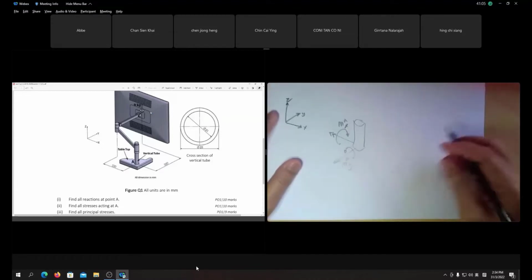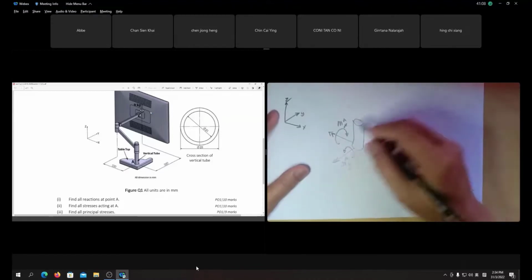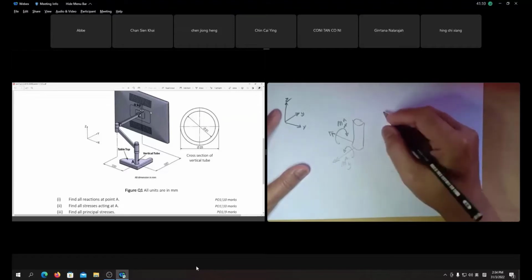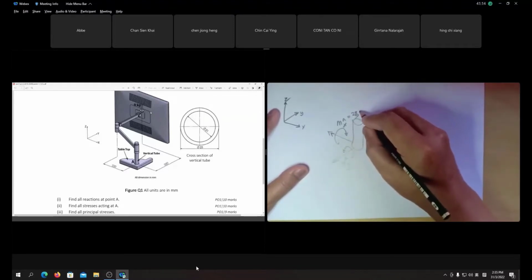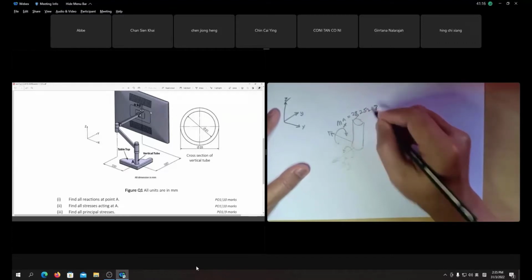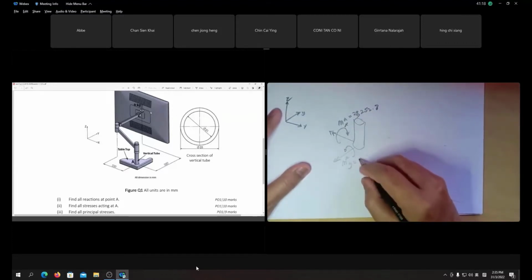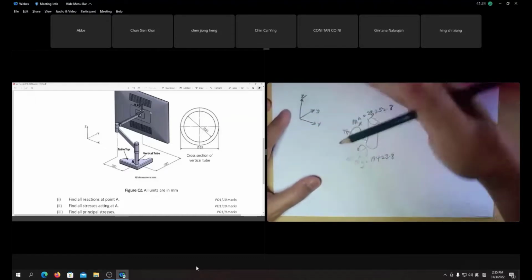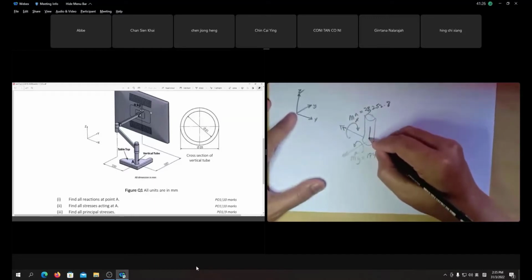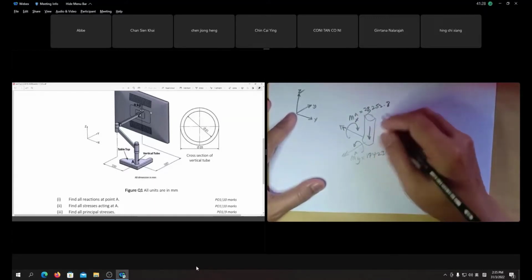While moment A, X tadi we have 28,252.8. Moment A, Y is 19423.8. And also, do not confuse again, kita have downward force, betul lah kan?